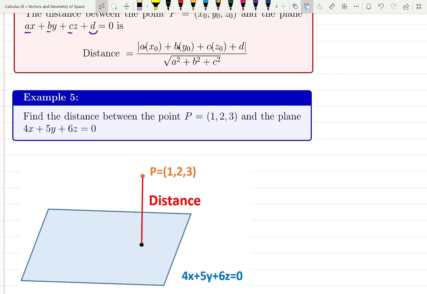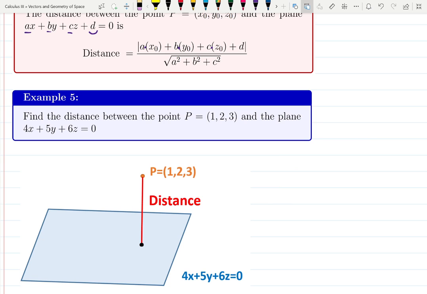It makes sense that the closest distance will not be this one, right? The closest distance has some kind of connection with the normal vector. Even if the plane is at an angle like so, you still can find some point, maybe over here, where this vector is perpendicular.